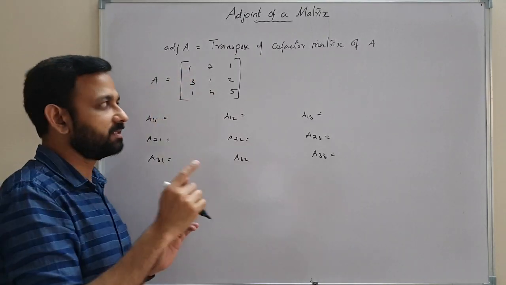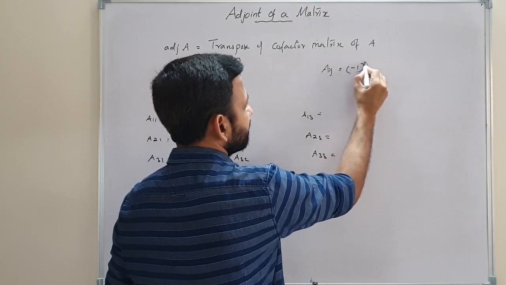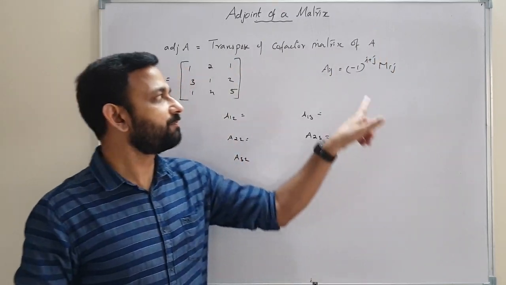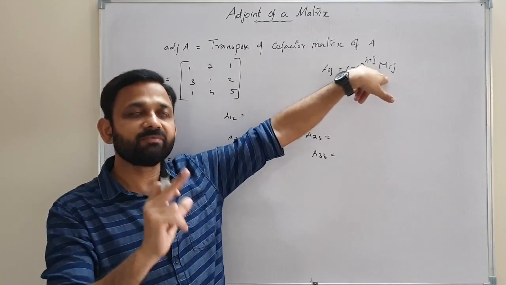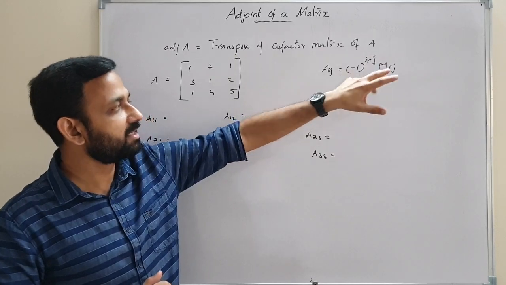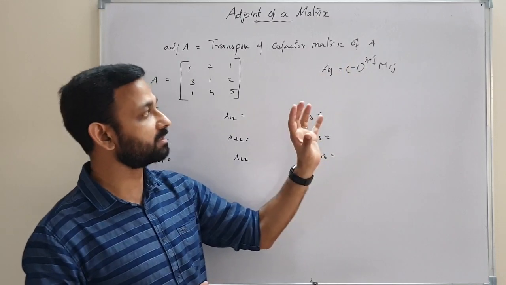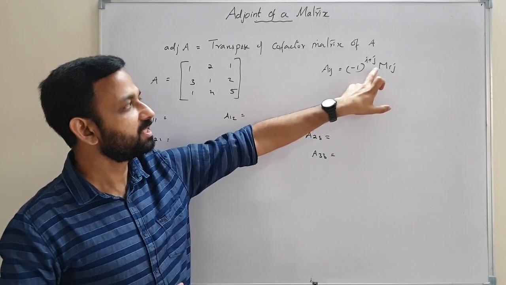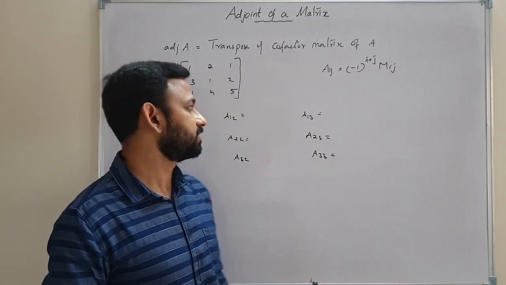The definition: Aij is equal to minus 1 raised to the power i plus j into Mij. So if i plus j is even number, cofactor and minor will be same. If i plus j is odd number, minus 1 raised to odd number will be negative, so the cofactor will be the negative of minor.